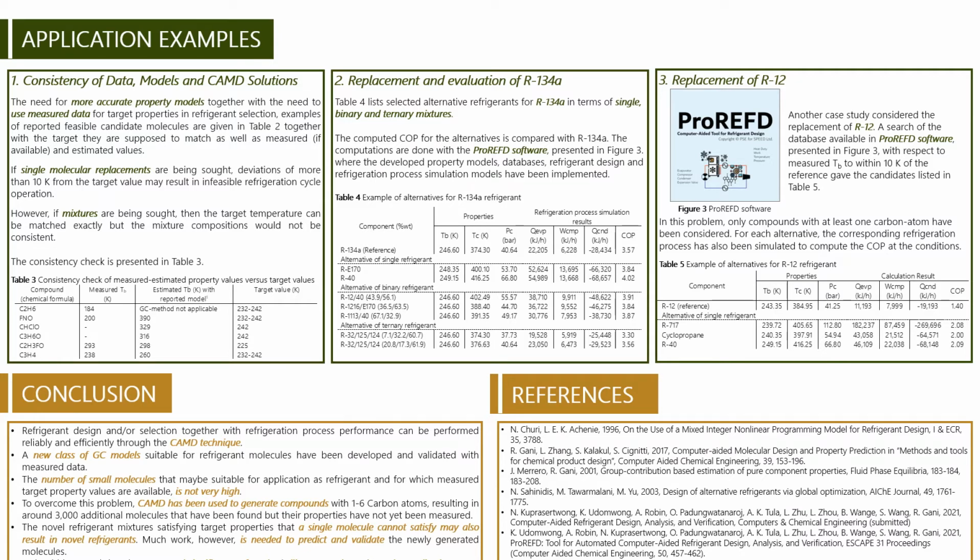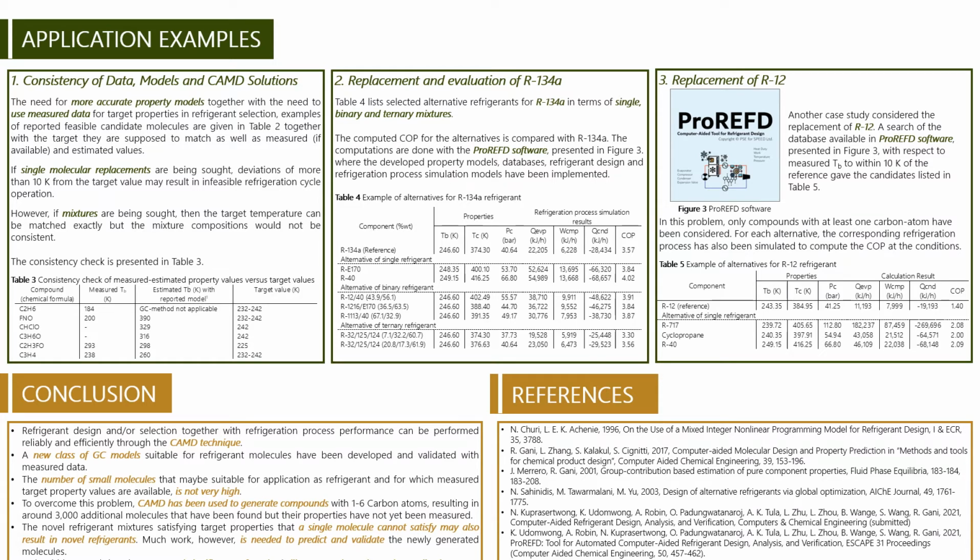However, if mixtures are being sought, then the target temperature can be matched exactly, but the mixture compositions may not be consistent. The consistency check is presented in Table 3. Then apply the refrigerant model by replacing and evaluating R134A.